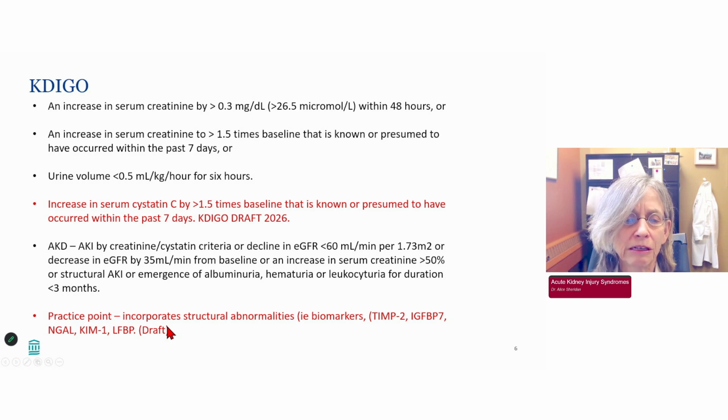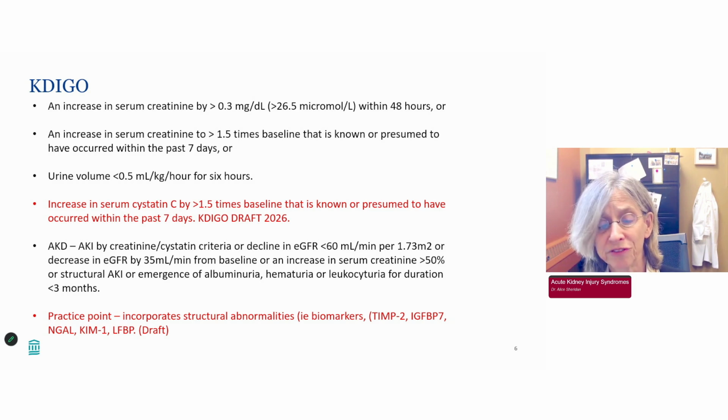So here are the definitions, the current criteria as defined by KDIGO. You just saw this slide in the previous talk, so I won't spend any time discussing the 2012 criteria. The 2026 draft included criteria that now suggest using cystatin C. KDIGO suggests, a 2B suggestion, using cystatin C in settings where the creatinine is likely to be unreliable.